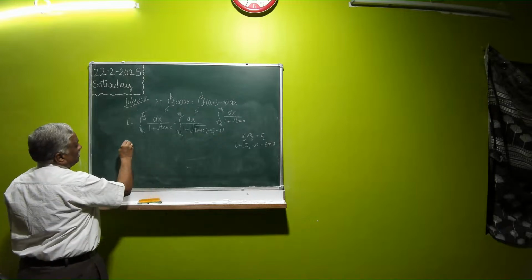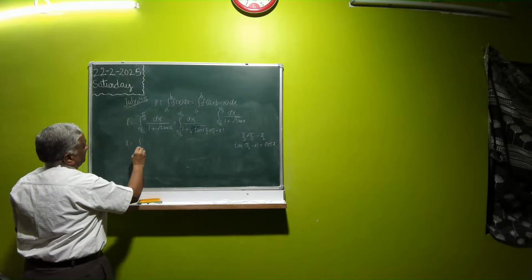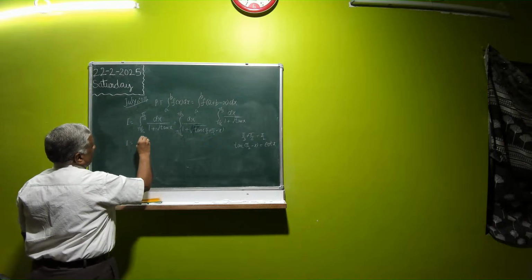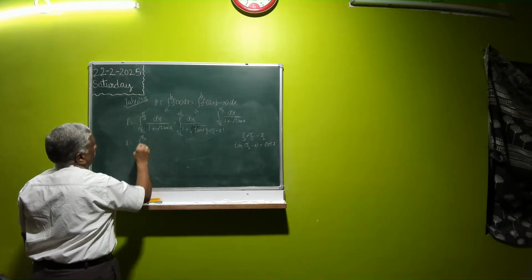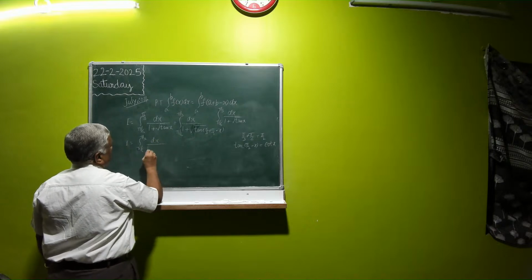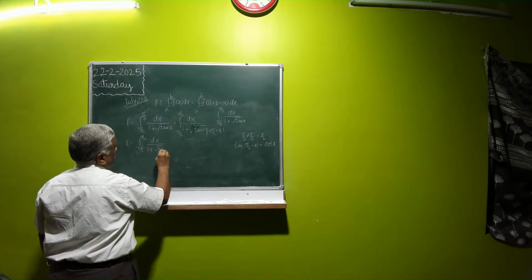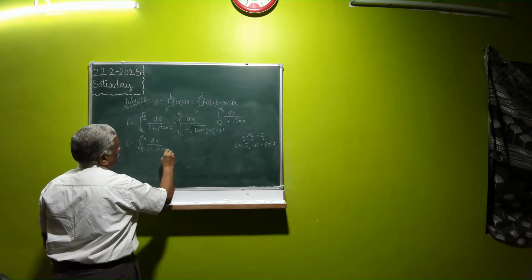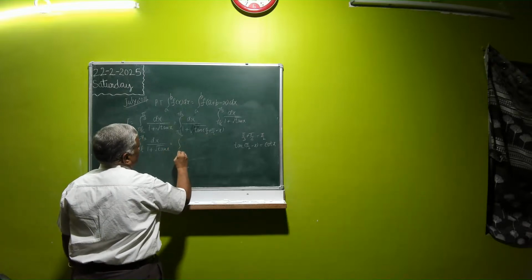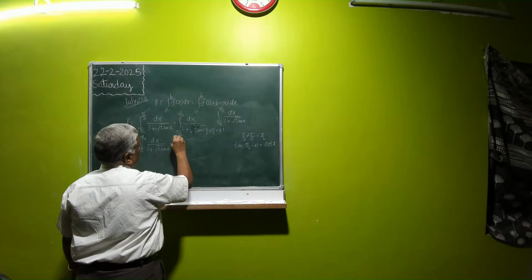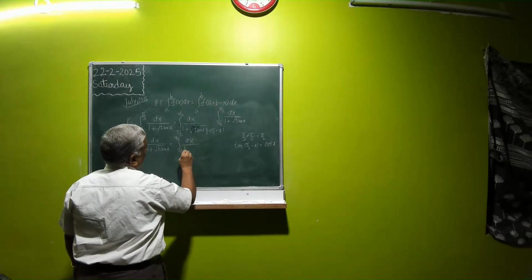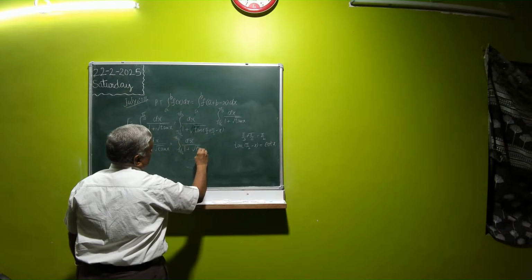So what we have now: I is equal to the integral from pi by 6 to pi by 3 of dx over 1 plus root of cot x.